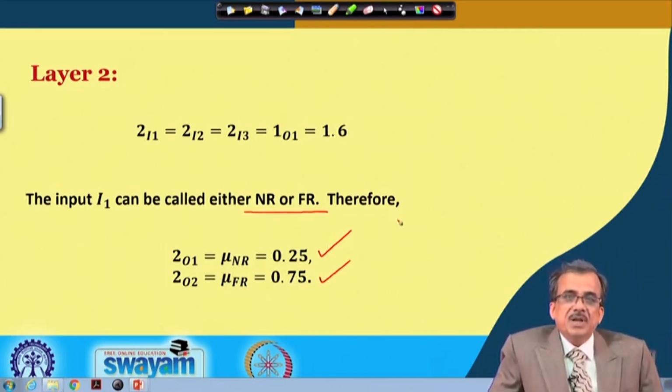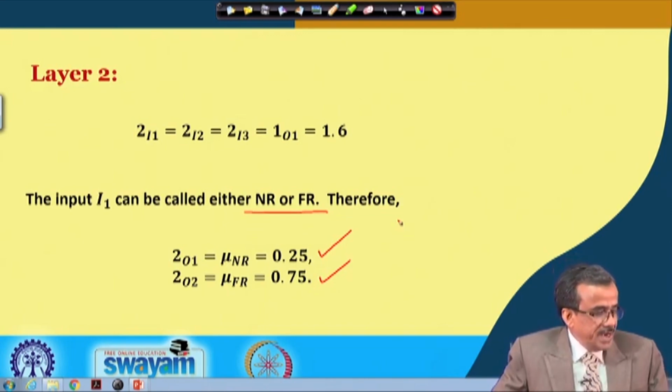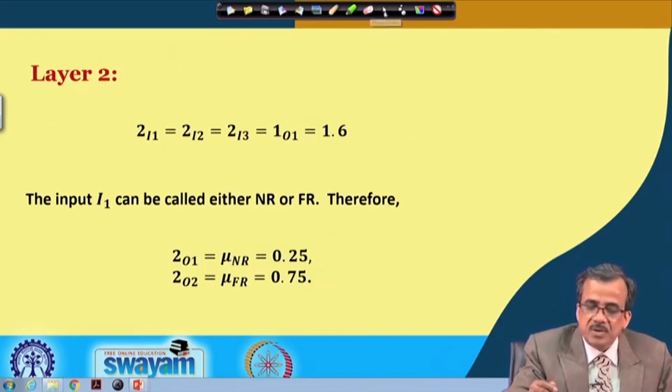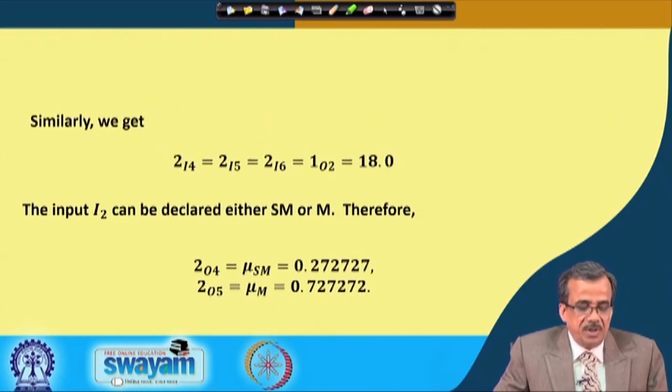Now, for this triangular membership function distribution, how to find out this mu value using the principle of similar triangles, that thing we have discussed in much more detail. So, I am not going for that once again. Corresponding to I1, the two mu values we can find out.